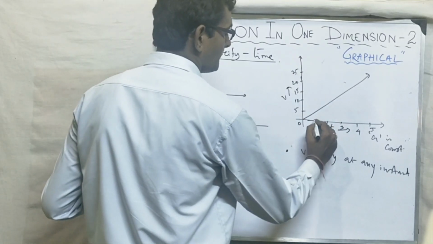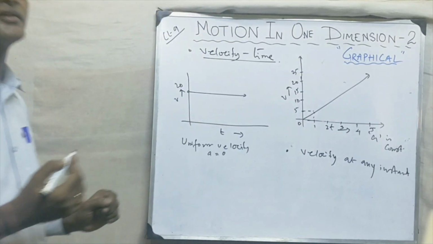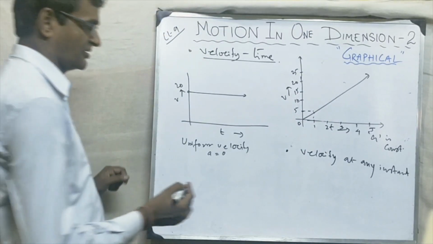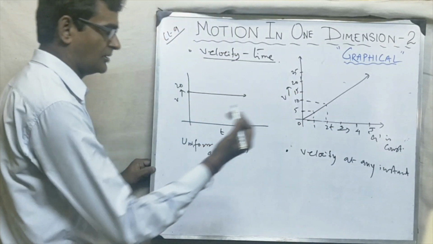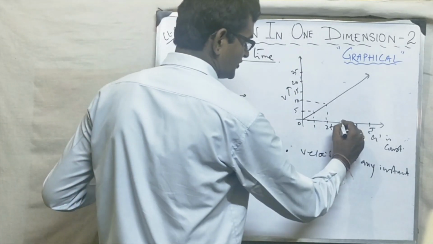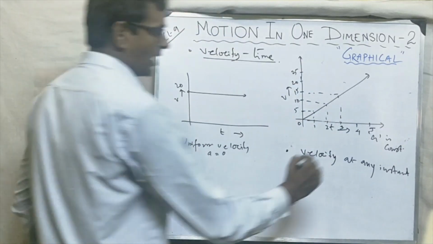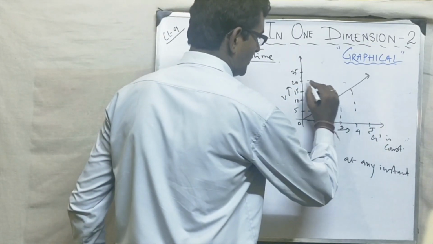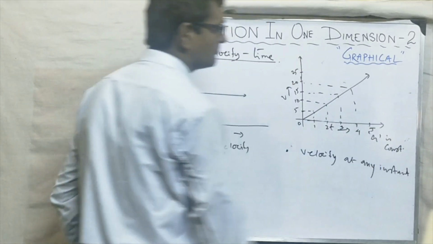So you can see constant acceleration. After 1 second, what is the velocity? 5 meter per second. After 2 seconds? 10 meter per second. After 3 seconds? 15 meter per second. After 4 seconds? 20 meter per second. Because this is velocity and this is time.